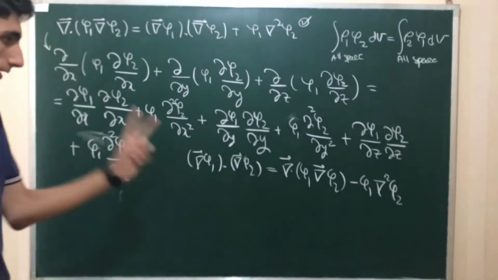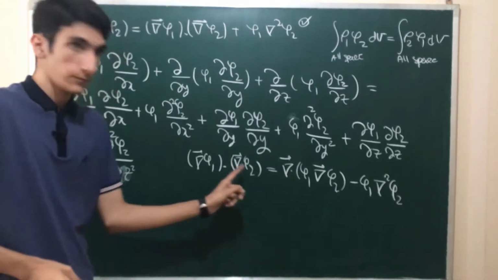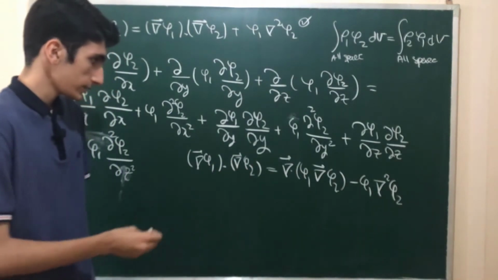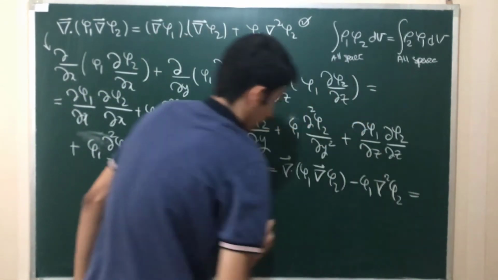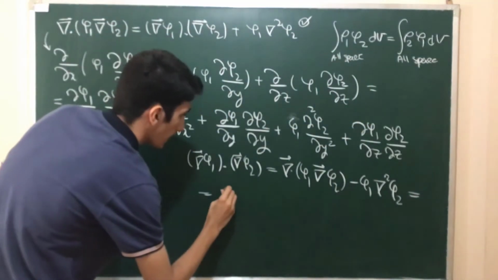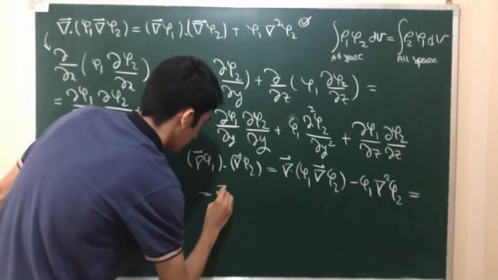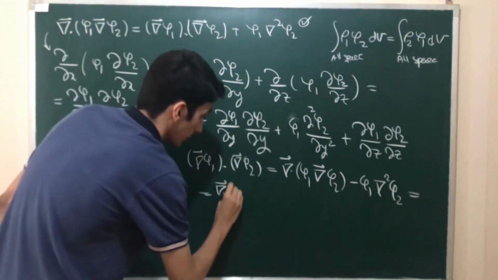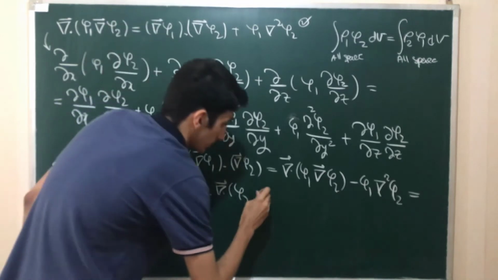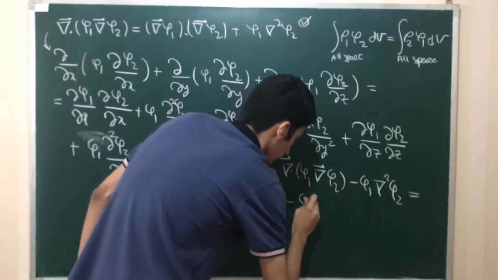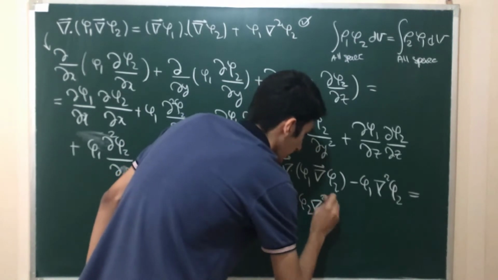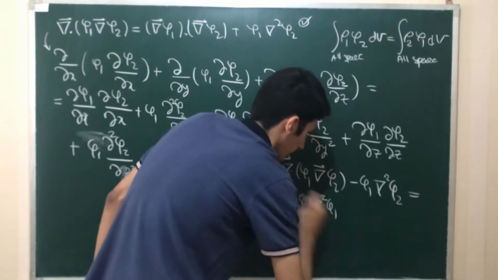If I swap the places of phi 1 and phi 2, the dot product doesn't change, but these two terms change to the divergence of phi 2 times the gradient of phi 1, minus phi 2 times the Laplacian of phi 1.